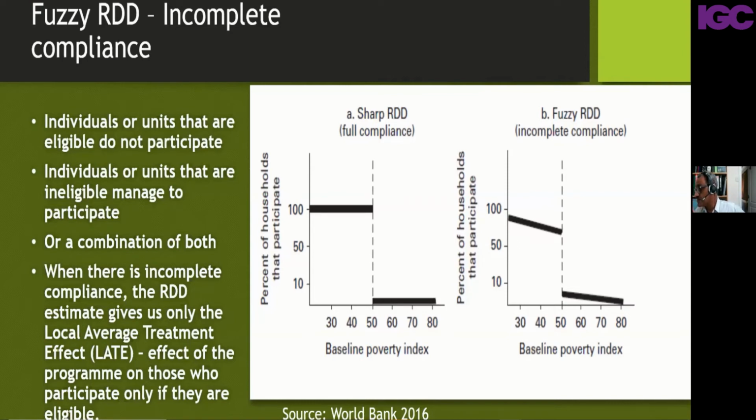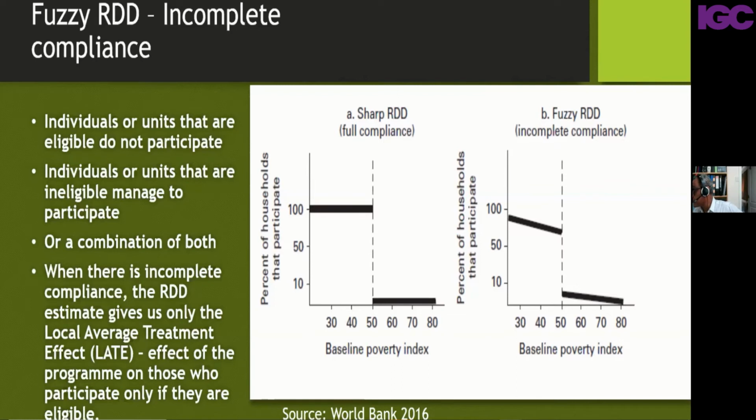But you can have a situation where you have incomplete compliance, and that can be seen in figure B. Here you find that some people who are above the threshold have managed to participate. So the participation rate is not 0 for those who are above the threshold.